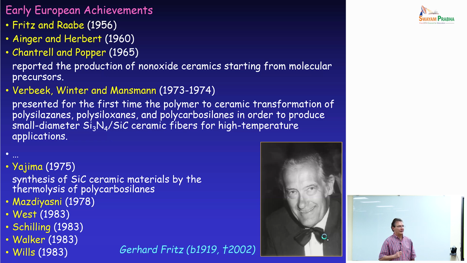The main point of Yajima's work was to develop ceramic fibers. Before him, there were no ceramic fibers, besides glass fibers. But glass fibers have, of course, high temperature limitations. You cannot use them above the glass transition temperature. So this development was extremely important.